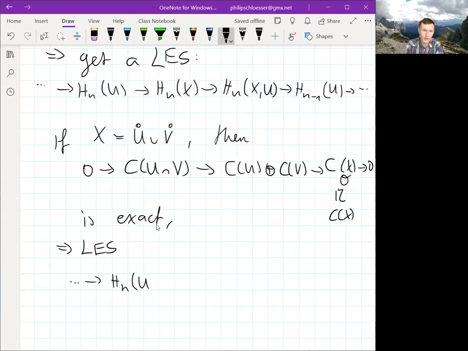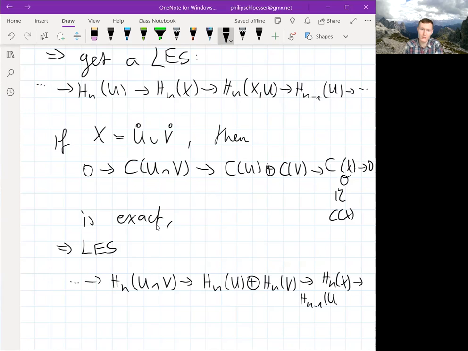That looks at these intersections, and then the direct sum. And then just homology of X, and then one dimension lower, and so on.